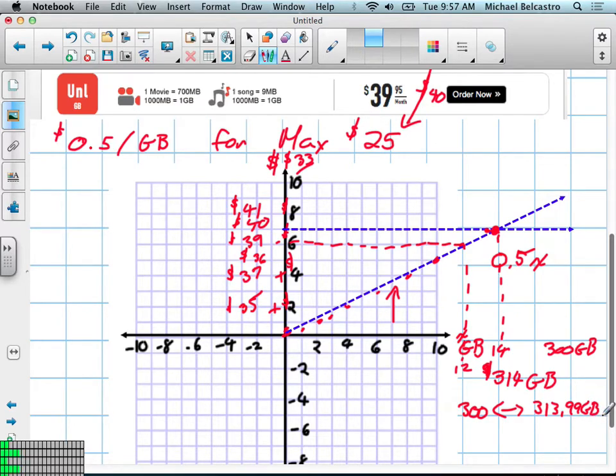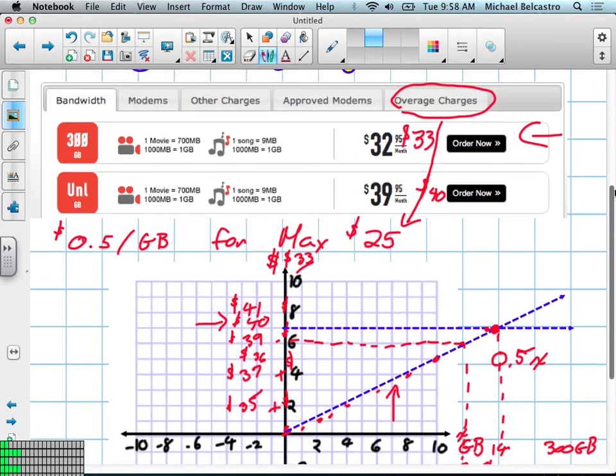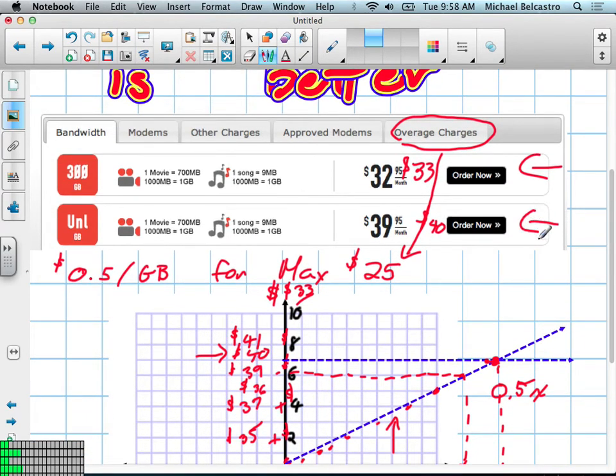If I'm anywhere, well, technically from 0 to 313.99, just under, it makes sense to use the 300 gigabyte plan. We'll technically pay less money. As soon as I get up to 314 gigabytes, remember our cost was $40. Well, in that case, we might as well just pay the $40 for the unlimited plan.